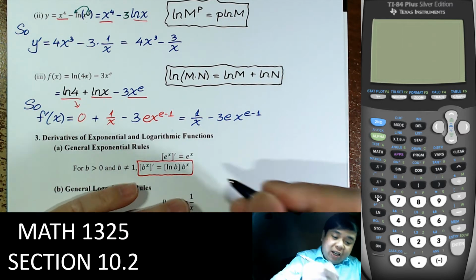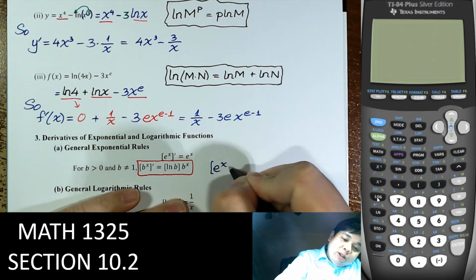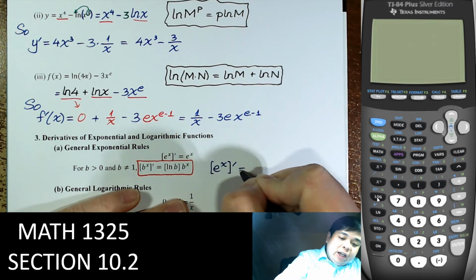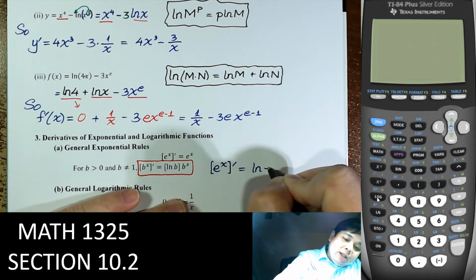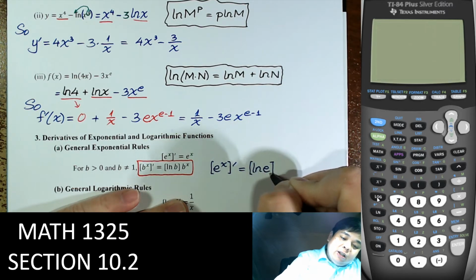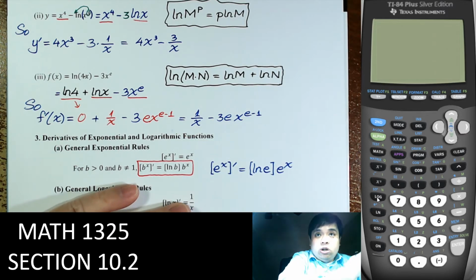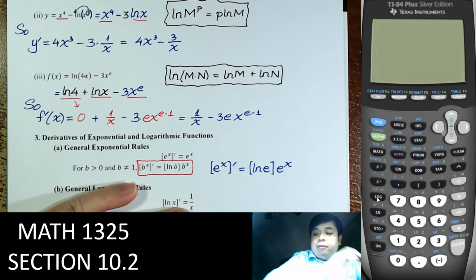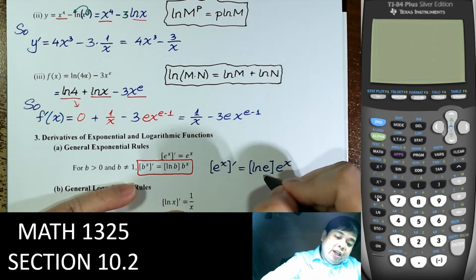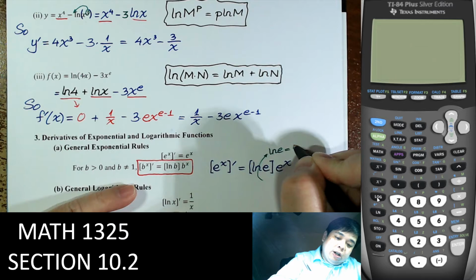Then we say, what happens if it is e? Well, can we use that? The answer is yes. Now if we use this formula, derivative is ln of the base and then the same thing, right? So in general it works like that. And then ln of e, we talked about that earlier. Ln of e is equal to 1.